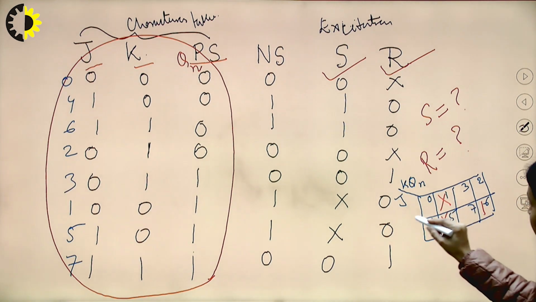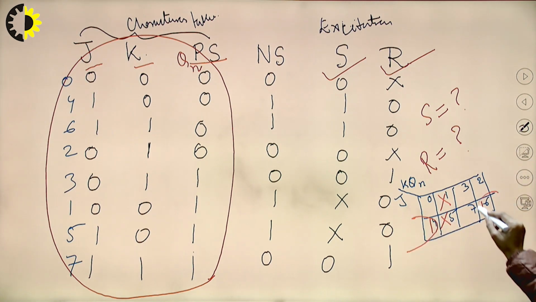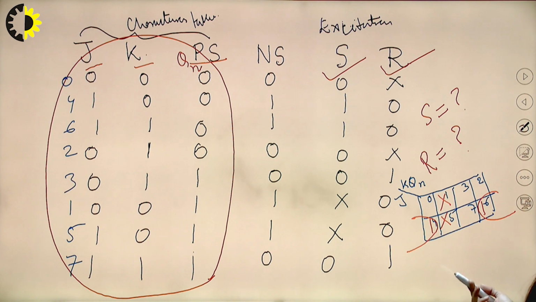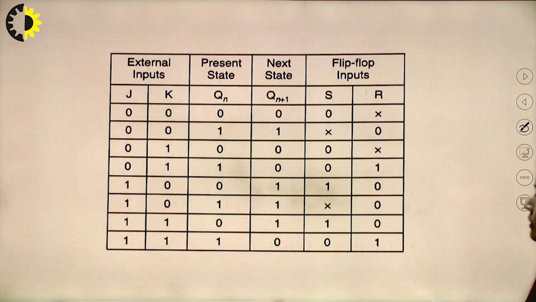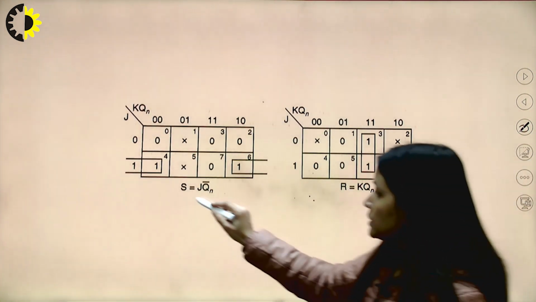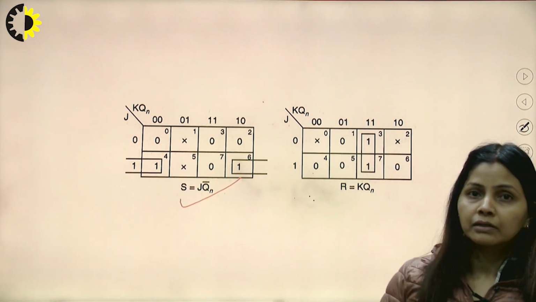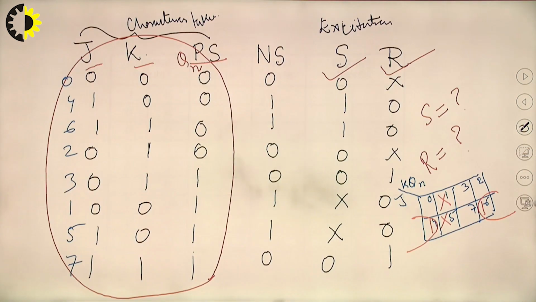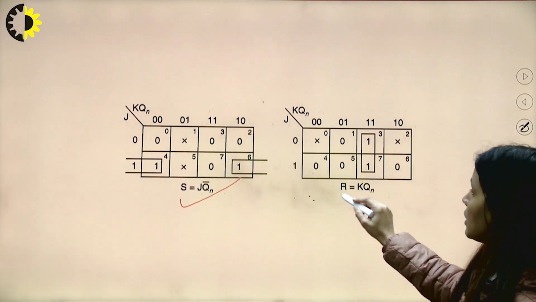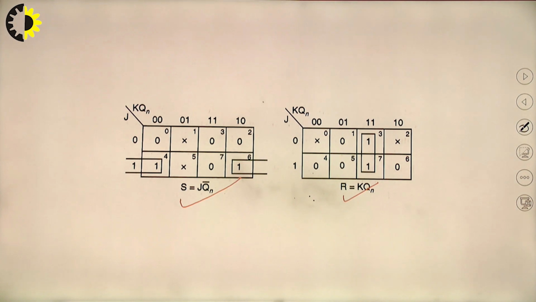So I will make a pair for this one, and if the crosses are left, leave them, no issues. So we can say that S is equal to JQN bar. Okay. So for S we have made this particular K map. For R similarly we will make this K map, and we will get S is equal to JQN bar and R is equal to KQN.